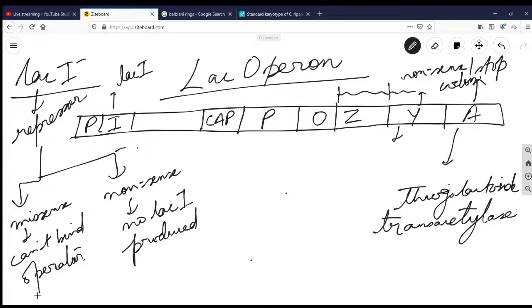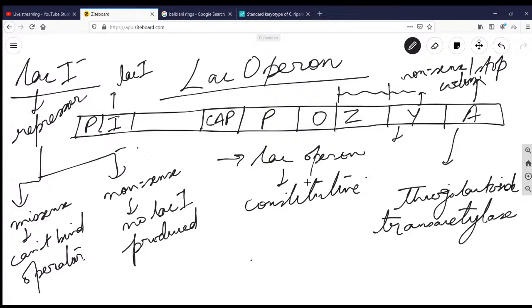In both the cases, what will happen? Since this operator region is vacant now, no lac repressor can bind, so the lac operon will have constitutive expression, means it will always be expressed.